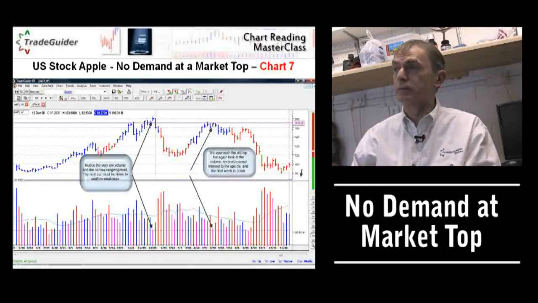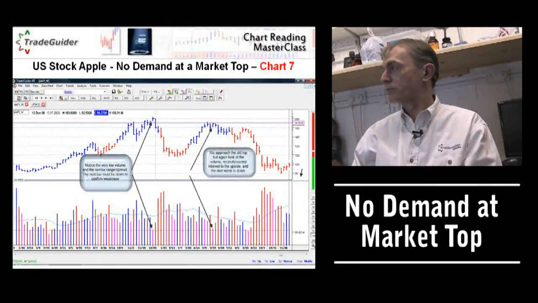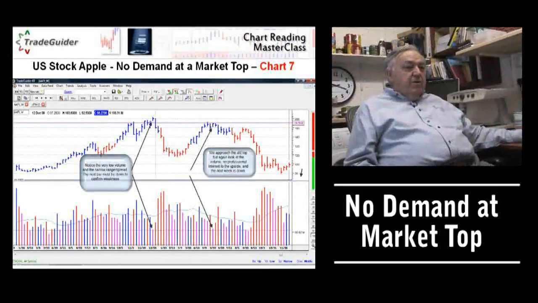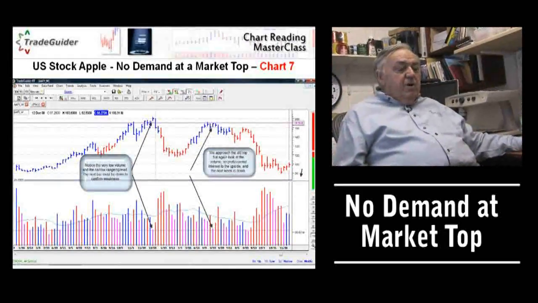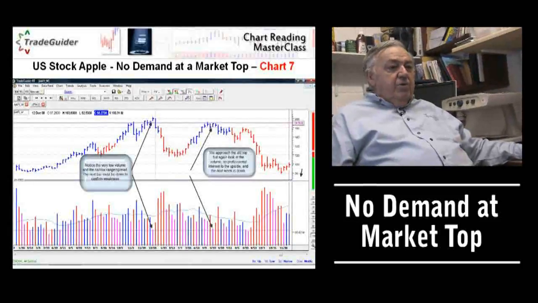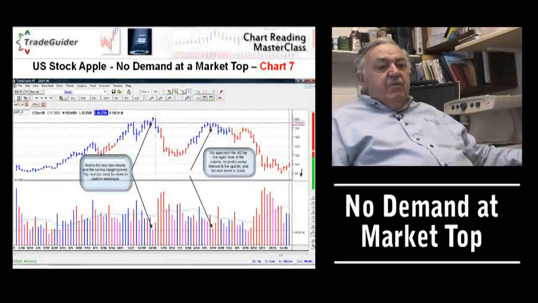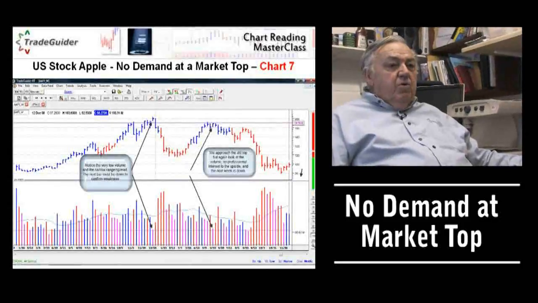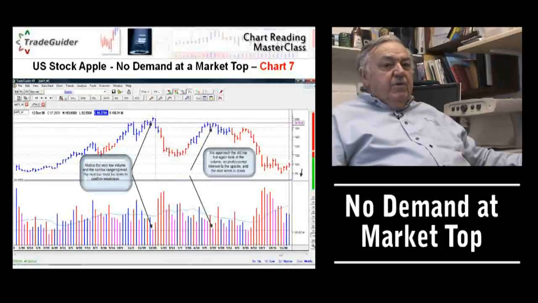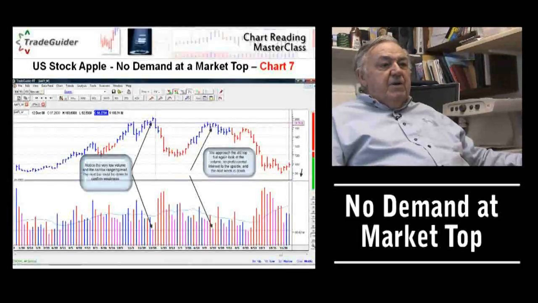Yes, yes. Okay, Tom, no demand at market tops. Do you just want to explain that one? Well, it's no demand at market tops. If you go in hindsight and look through your charts at markets that have obviously become weak and are in a downtrend, look at all the times that you get no demand up bars, and you see that weak markets are riddled with no demand up bars.